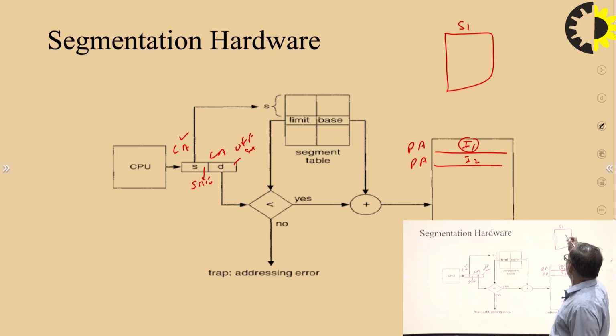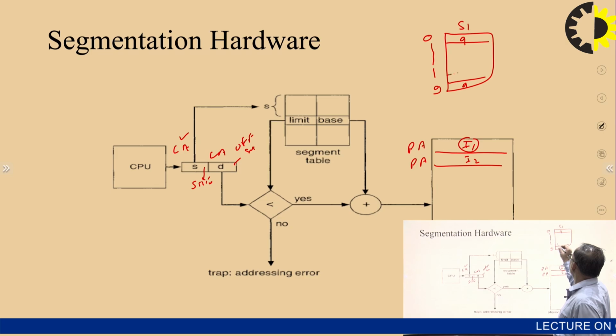In the same way, if there is a segment S1 with 10 addresses, then the logical addresses will be from 0 to 9. Suppose here A is stored, here D is stored, and here E is stored.